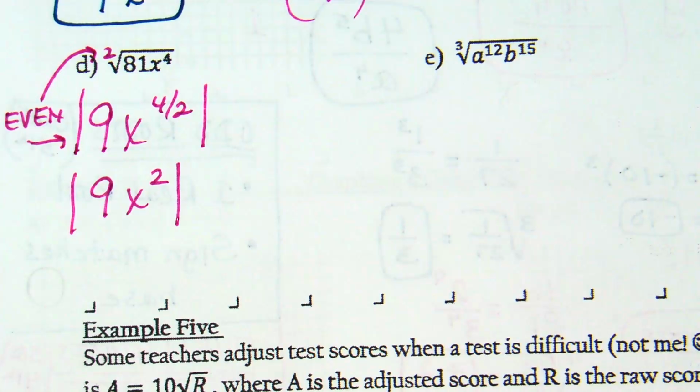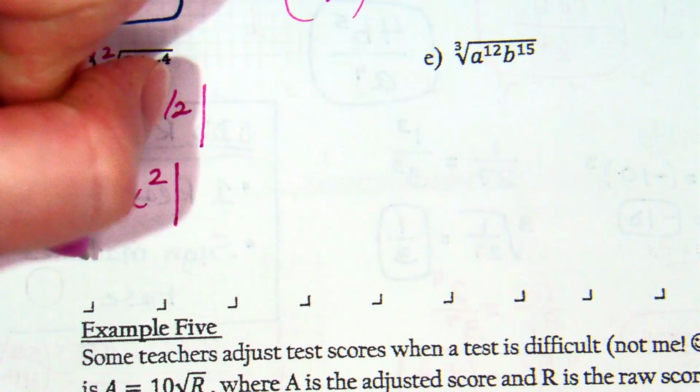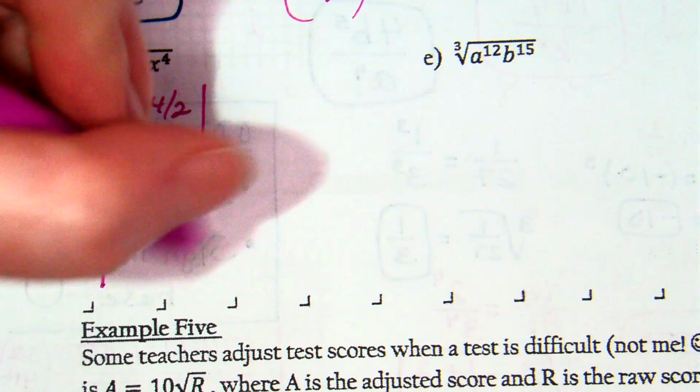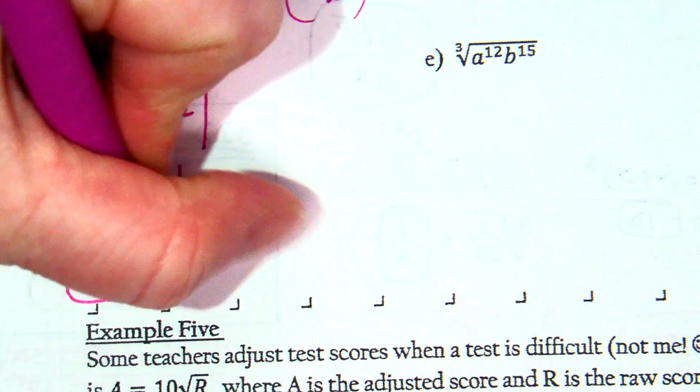Does 9 need absolute value to make it positive? No, 9's already positive. Does x squared need absolute value to make it positive? No, because when you square something, a negative times a negative becomes a positive. So we considered absolute value, but good news is we don't need any.